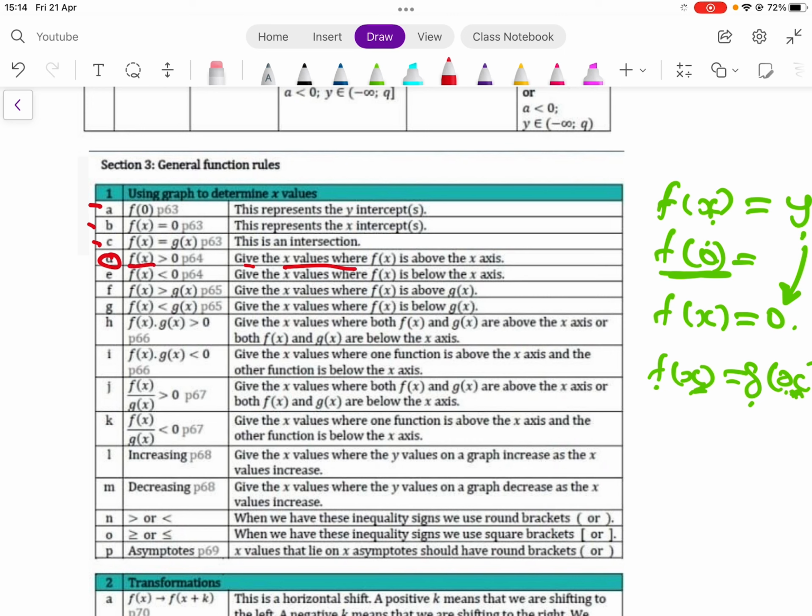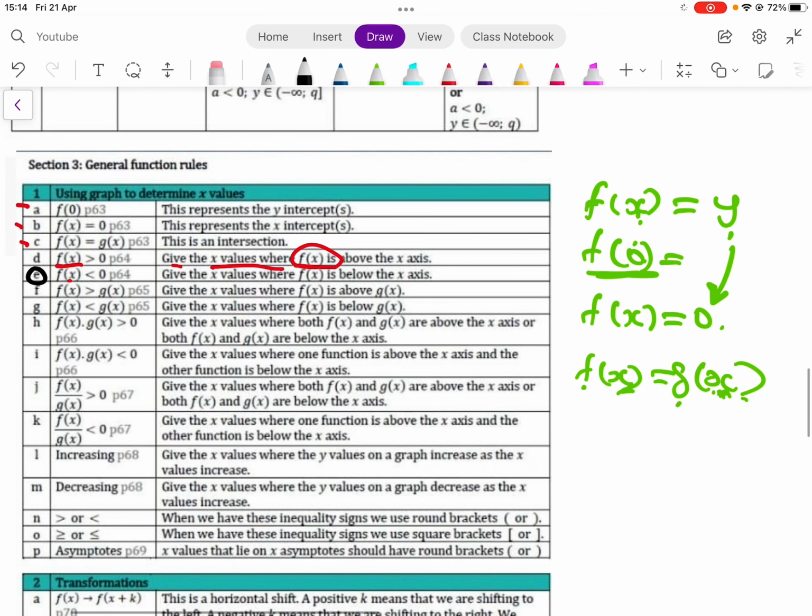They basically mean give them the values of x where f at x is above the x-axis. That's basically it. There's nothing hectic about that. And then this is the opposite of what we just spoke about. F at x being less than 0, basically we're looking at the portion of the function where the function is below the x-axis.